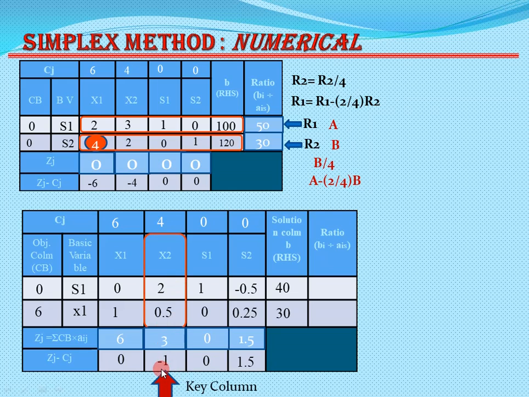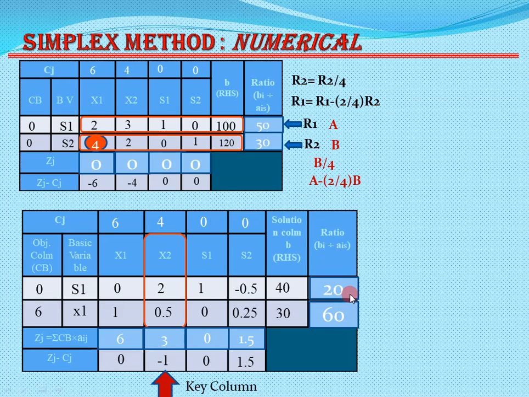And then we have to find the ratio to obtain the key row. So for the ratio we take the solution column value divided by the element present in the key column. So for the first row we get 40 by 2, and for the second row we get 30 by 0.5. By solving we obtain this value as 20 and the second value as 60.